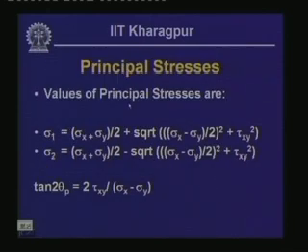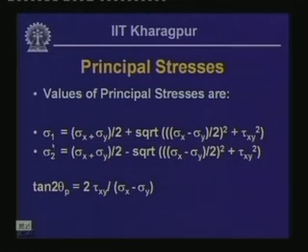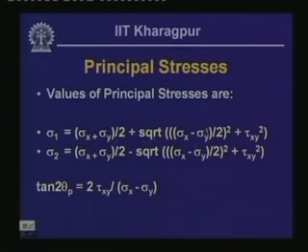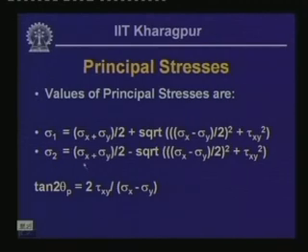Thereby we had calculated the principal stresses which are the maximum normal stress, the maximum and the minimum in two different planes it acts, and the magnitudes of those principal stresses are sigma 1 is equal to sigma x plus sigma y by 2 plus square root of sigma x minus sigma y by 2 square plus tau x y square, and sigma 2, the minimum principal stress, is equal to sigma x plus sigma y by 2 minus square root of sigma x minus sigma y by 2 square plus tau x y square.